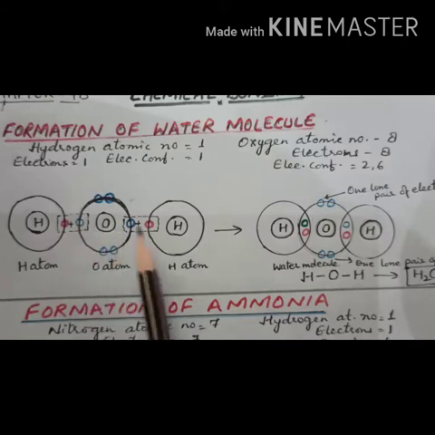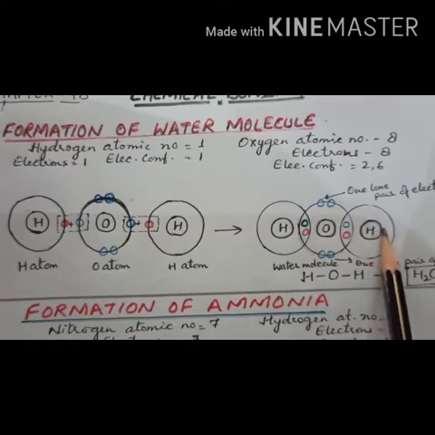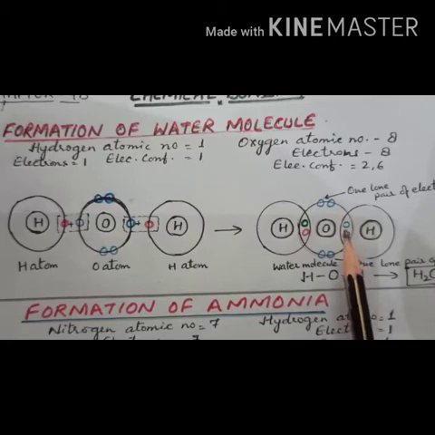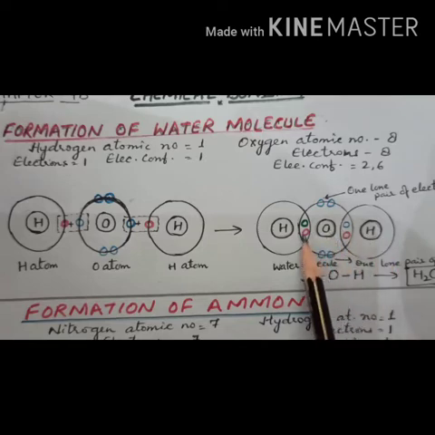Now after sharing, this hydrogen has 2 electrons, 1, 2. Oxygen has 1, 2, 3, 4, 5, 6, 7, 8. 8 electrons are there, and this hydrogen also gets 2 electrons. So all atoms are fully satisfied. They have stable electronic configuration and they combine together. Now they combine by mutual sharing of these electrons, right?